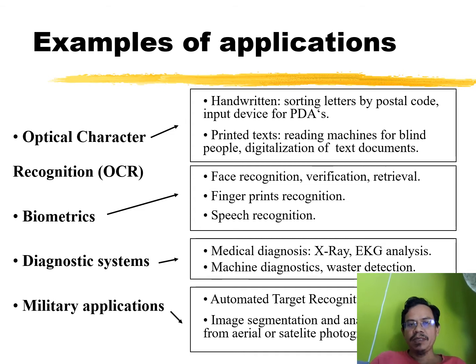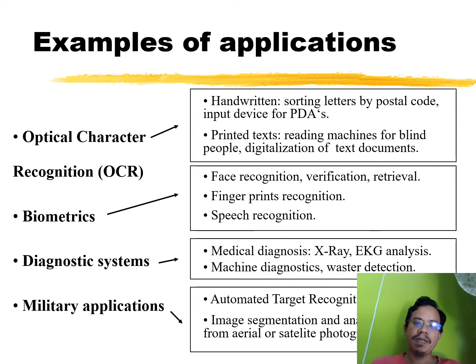For example, optical character, handwritten, sorting letters by postal code, input device for PDA, printed text reading machine for blind people, digitalization of text documents. So basically, in many applications, pattern recognition is a must for classification.